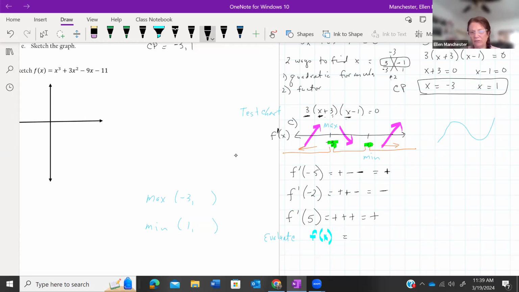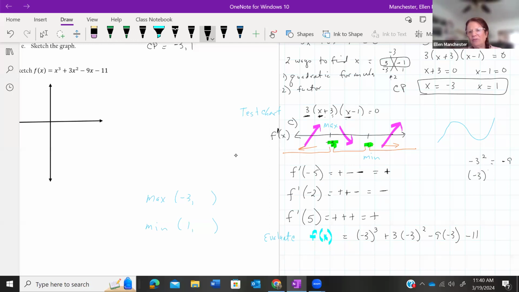was x cubed plus 3x squared minus 9x minus 11. So I have -3 cubed plus 3 times -3 squared minus 9 times -3 minus 11. Now, if you do this on your calculator, make sure you use those parentheses, because it's a really easy mistake. If you plug it in without them, it's going to give you -9.